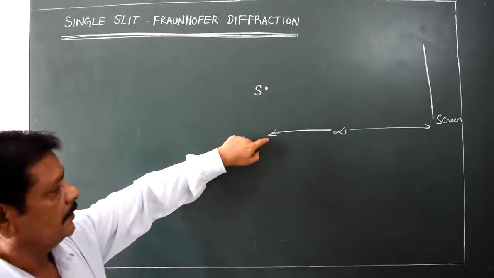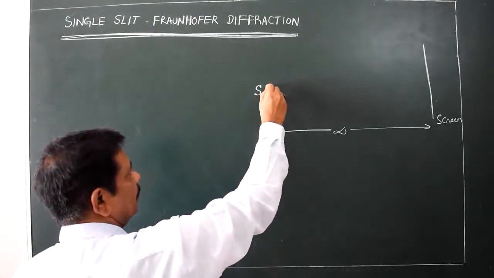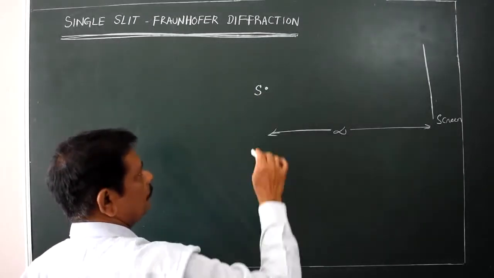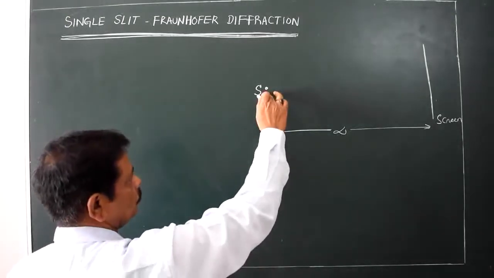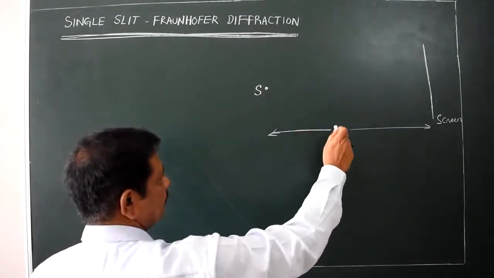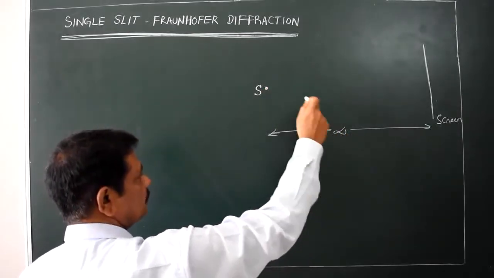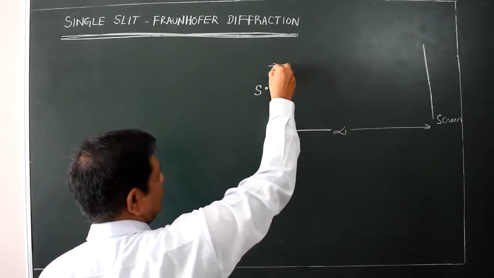In this case, we are taking a source of light which produces light of wavelength lambda, and this light produced from the source is taken from an infinite distance. So the light from the infinite distance source is like a parallel light.